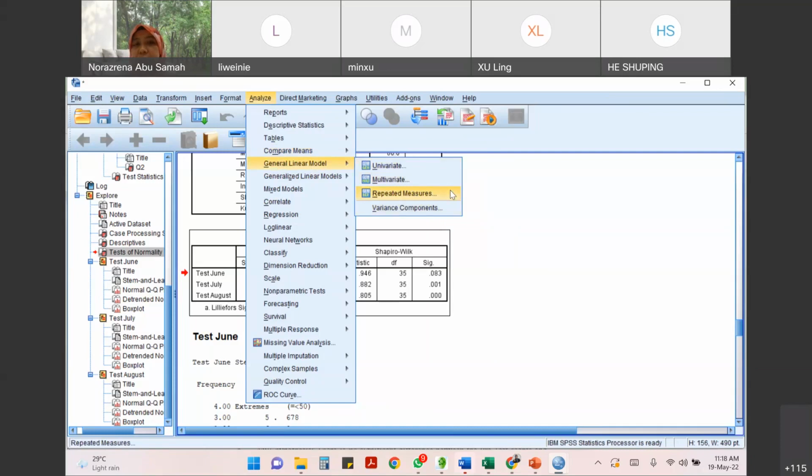Repeated measures is just like the paired sample t-test, where there is one group and you test twice, before and after. For repeated measures, you test more than twice, maybe thrice, four times, five times, and so on. Understand the difference?